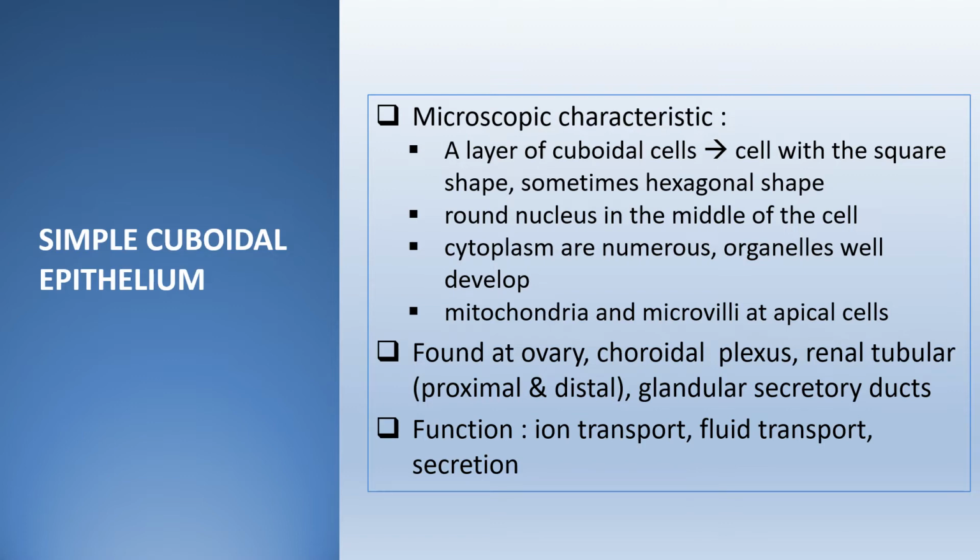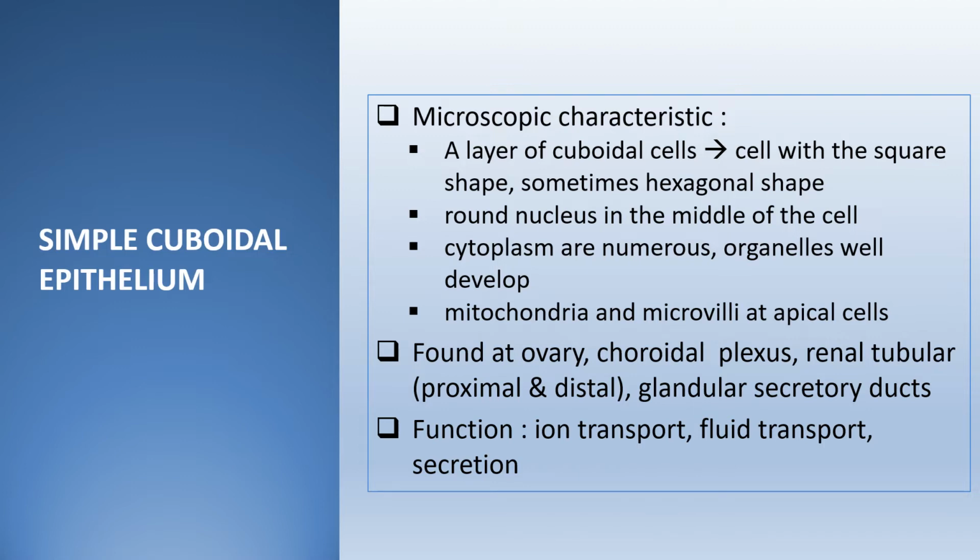Microscopic characteristic of simple cuboidal epithelium: it consists of a layer of cuboidal cells, with a square shape, sometimes hexagonal shape, and a round nucleus in the middle of the cell. The cytoplasm is numerous, and in the cytoplasm there are well-developed organelles.